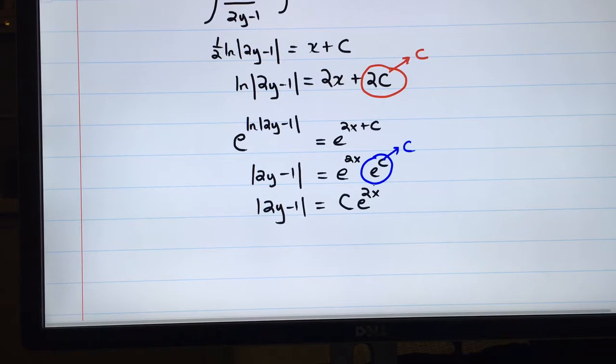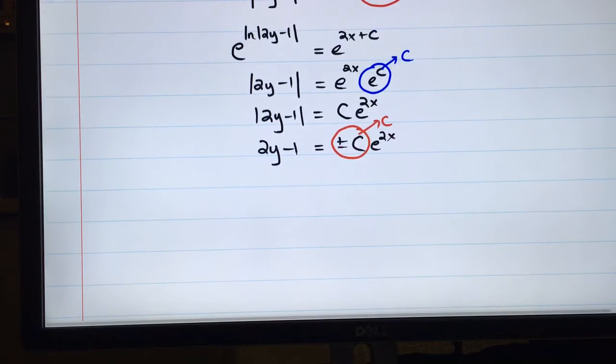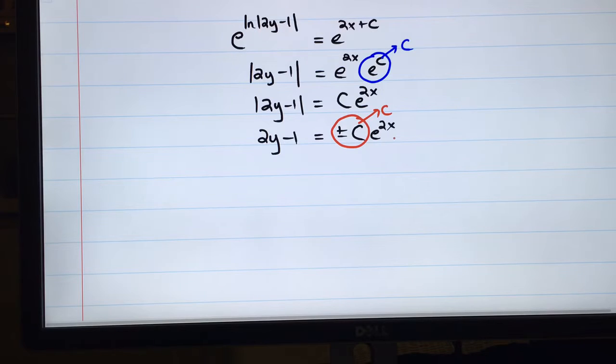And upon removing the absolute value indicators, so we have 2y minus 1. Strictly speaking, I have plus or minus c times e to the 2x. Again, whether it is positive or negative, a constant is still going to be a constant.